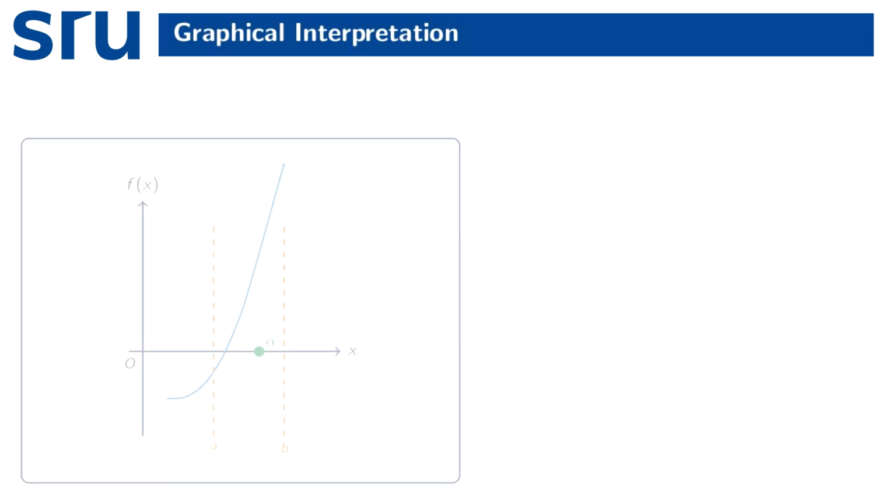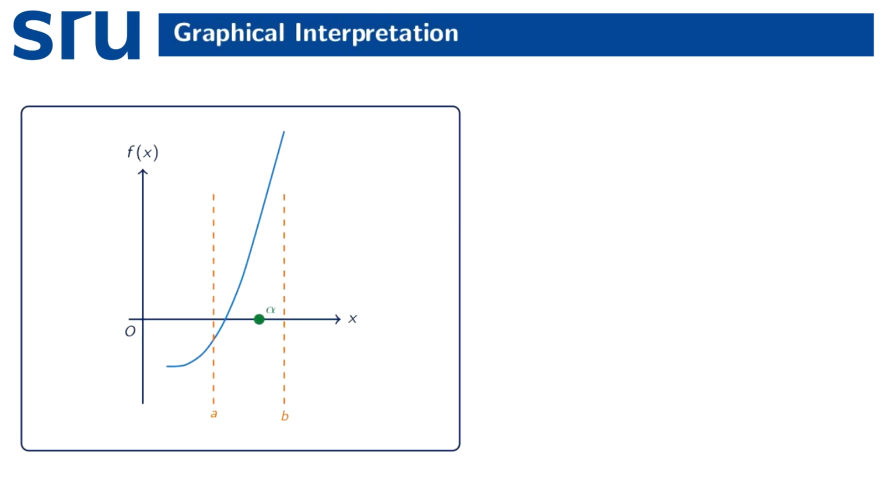Right, now let us understand the bisection method graphically. This part is very important because it gives you a clear visual understanding of why this method works. Look at this graph carefully. On the vertical axis we have f(x), and on the horizontal axis we have x.